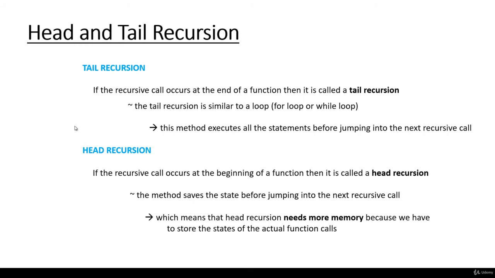On the other hand, as far as head recursion is concerned, the recursive call occurs at the beginning of the function. In this case, it is called head recursion. The method saves the state before jumping into the next recursive call, which means that head recursion needs more memory because we have to store the states of the actual function calls.